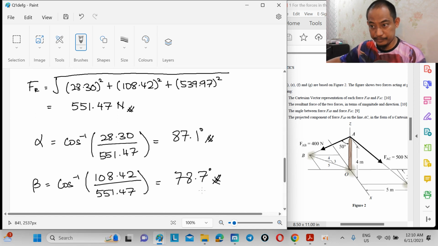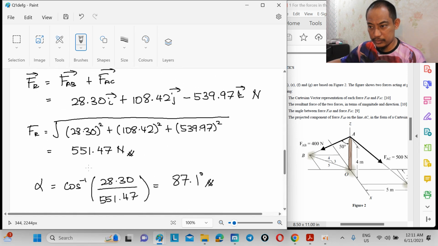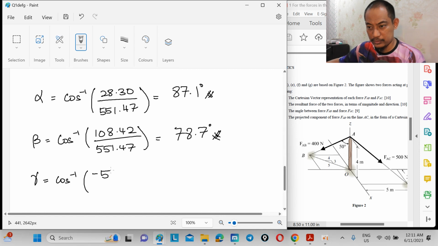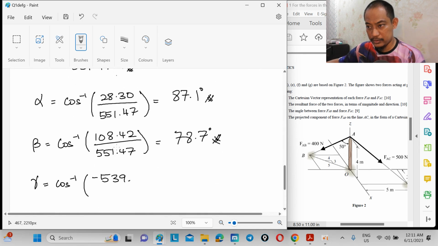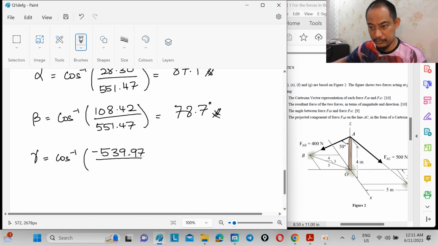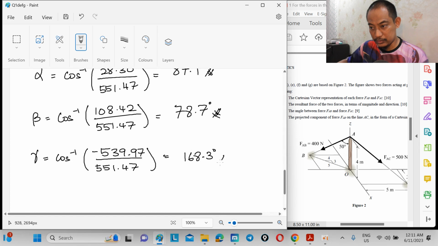And then gamma: cos minus 1 of negative 539.97 divided by 551.47, which equals 168.3 degrees.